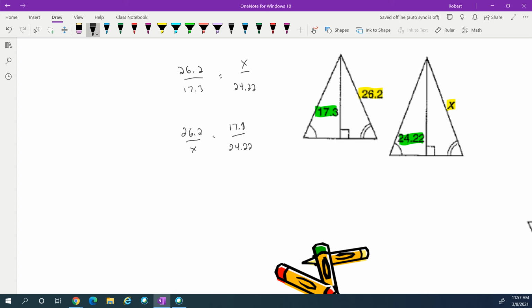So let's grab our calculator. We get 17.3x, 24.22, 634. I'm sorry, 564. And now we're going to divide.